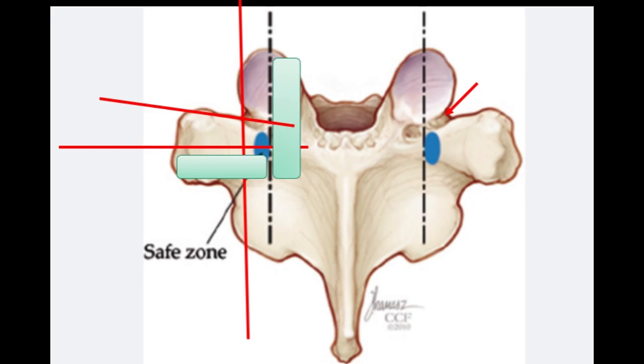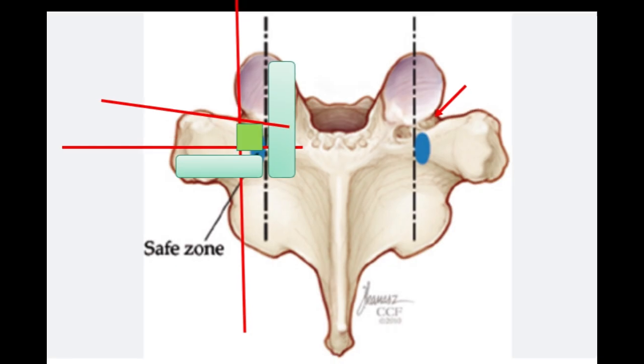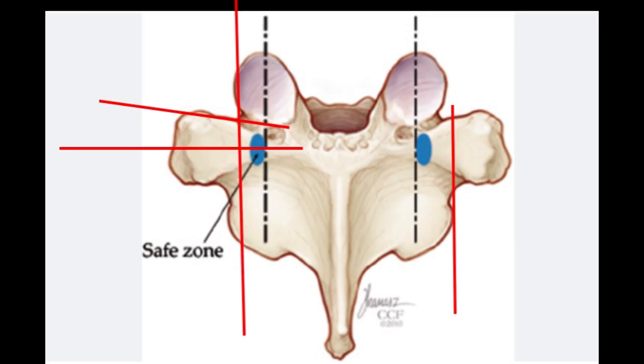The entry point should never be medial to the line bisecting the superior articular process. So this green rectangle is the only place where your entry point is allowed. Any entry point in the gray rectangles is an unacceptable entry point.